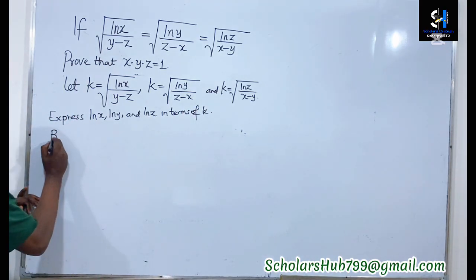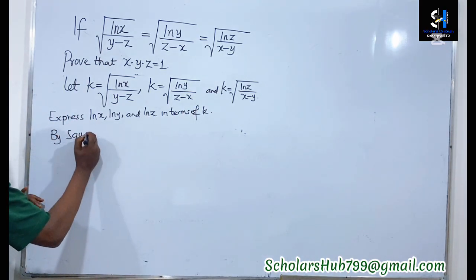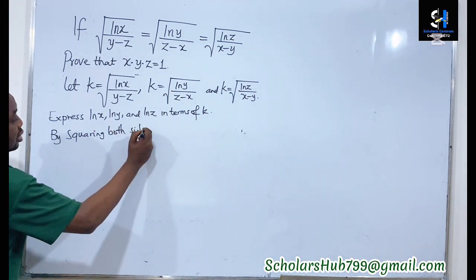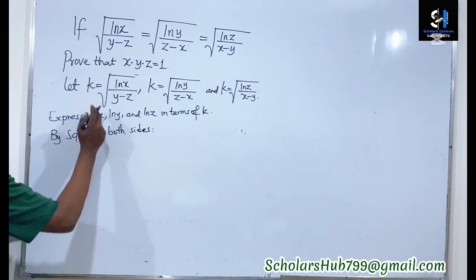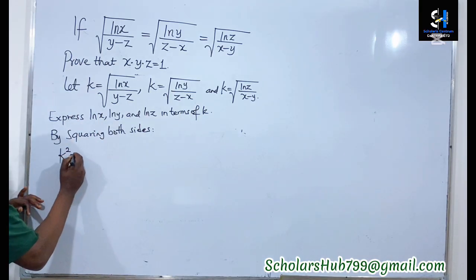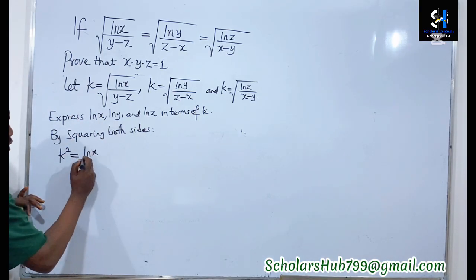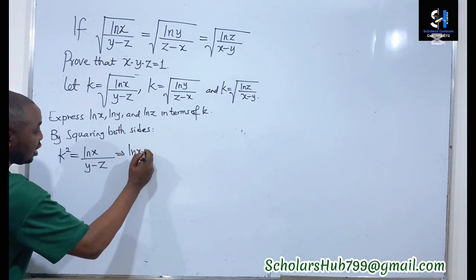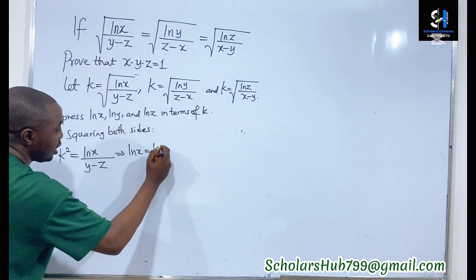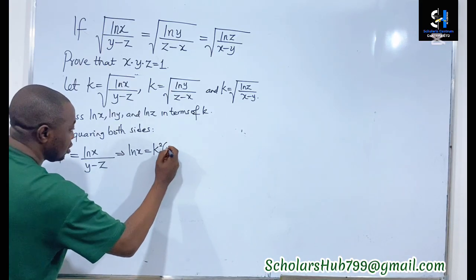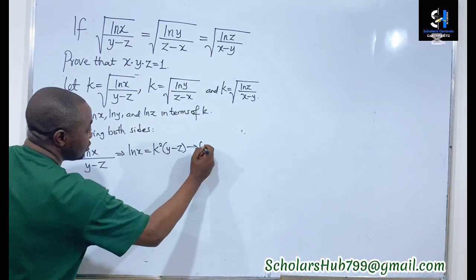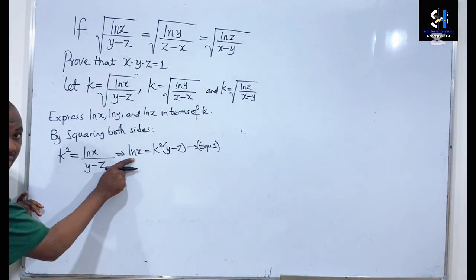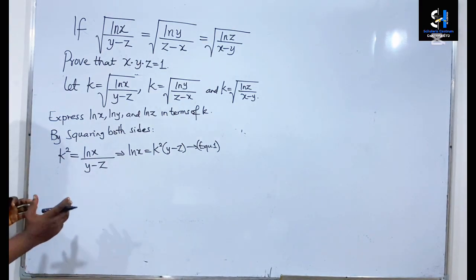To do that, we square both sides. For the first one, we have k squared equals ln x over y minus z. So ln x equals k squared bracket y minus z, and this becomes equation 1. That means we express ln x in terms of the constant.